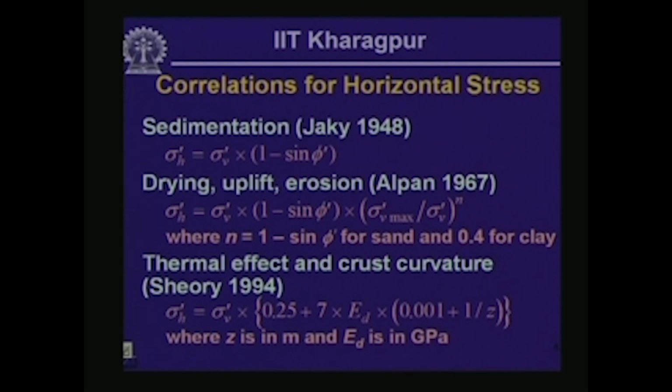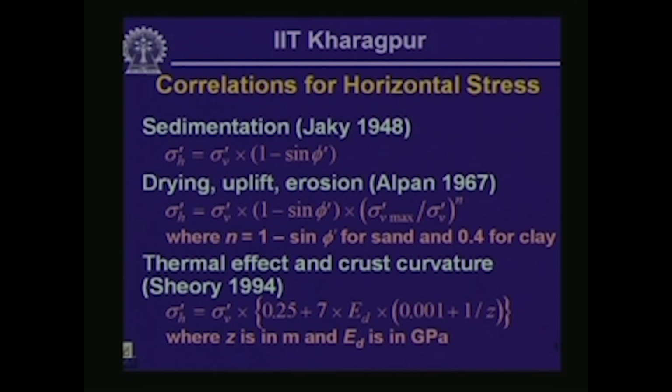Okay, now I have to explain what is meant by sigma v prime max. Sigma v prime, as you know, is equal to the in situ effective stress, and sigma v prime max is equal to the maximum vertical effective stress that this particular soil element has undergone at any point of time in the past.